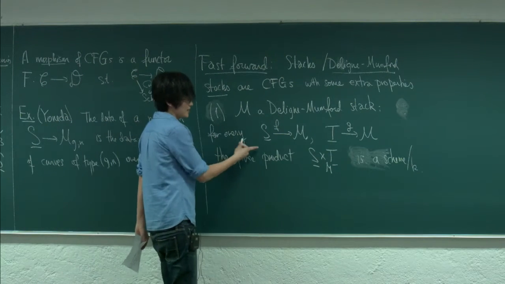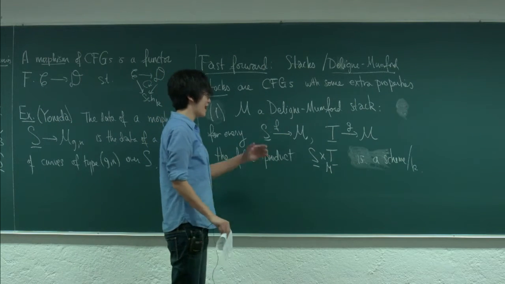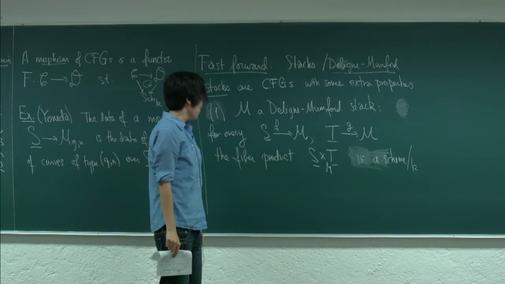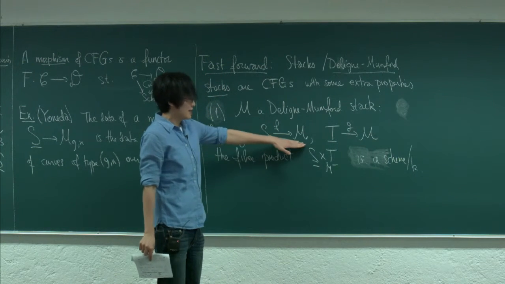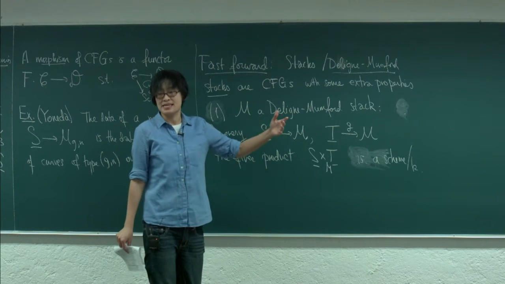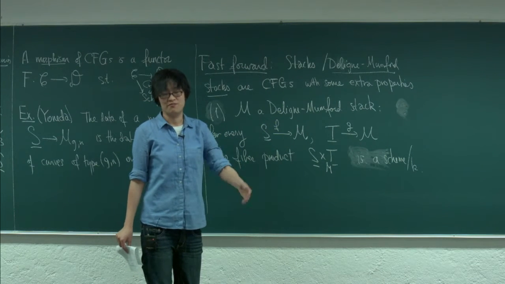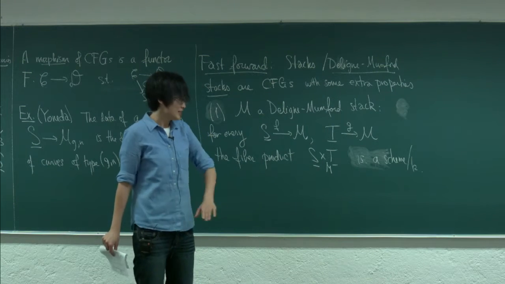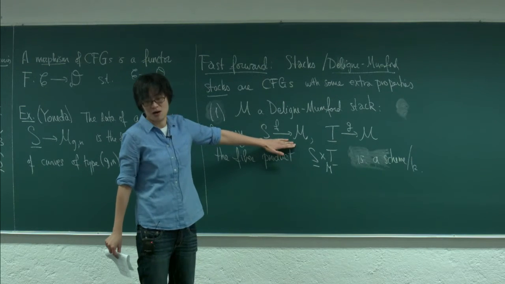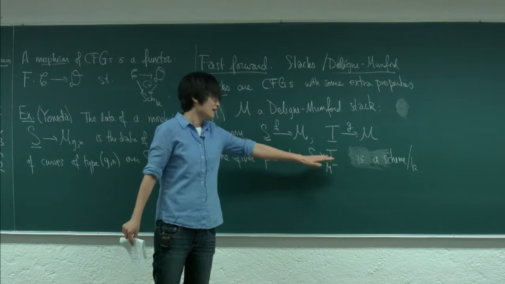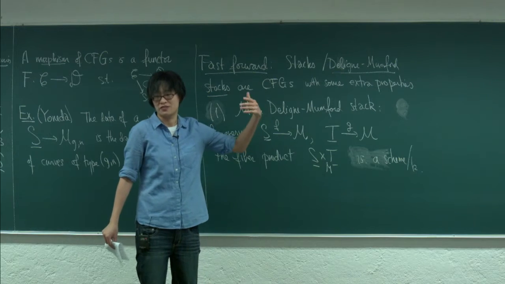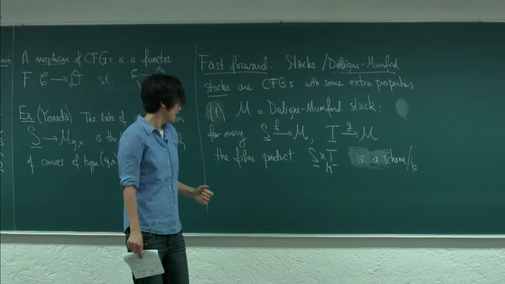And this is sort of the crucial property that allows us to treat M as if it were a scheme. For example, we'll say that a morphism from a scheme S to M has some property P, where P is like any of your favorite properties of morphisms that's preserved by base change. We'll say that this morphism of CFGs has property P if whenever you pull it back by a morphism from a scheme T, you get an actual honest morphism of schemes with that property.